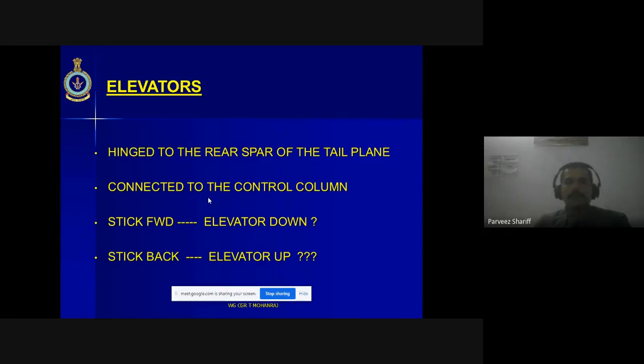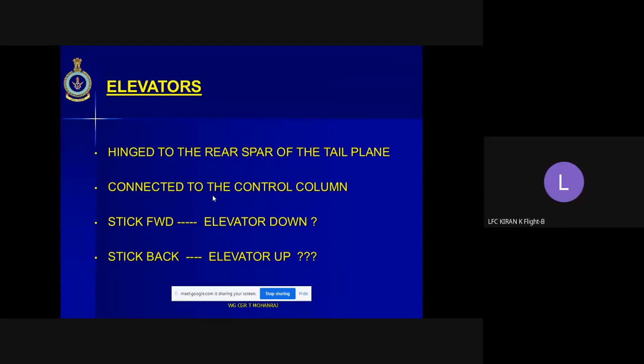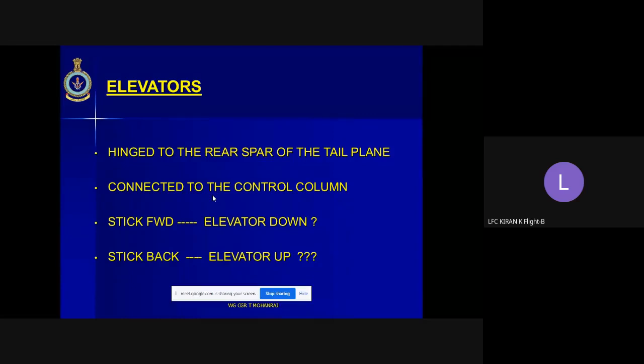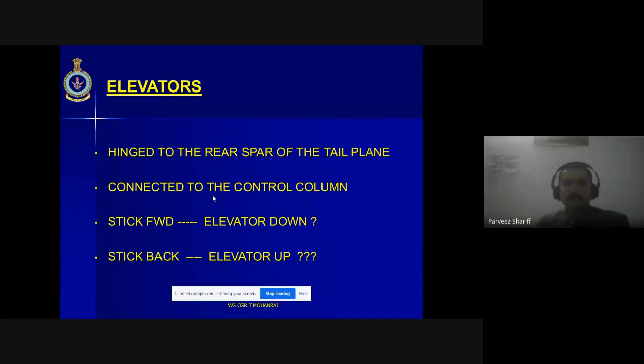The question is, when the control stick is moved forward by the pilot, what is the position of the elevator? Does the elevator go down or come up? Down only, sir. Okay, down. If the elevator goes down, what happens to the aircraft? Sir, it pitches down.